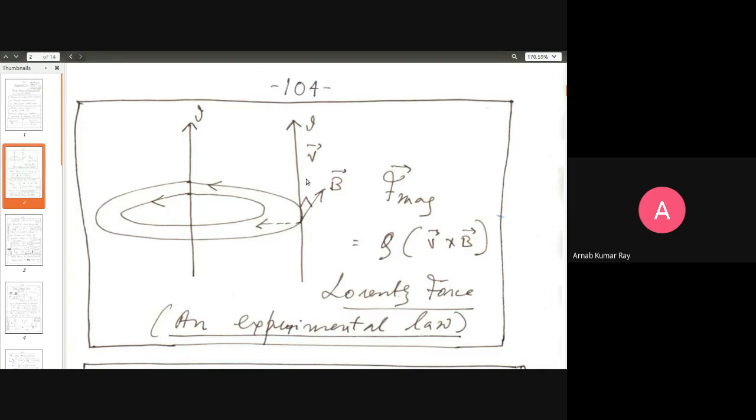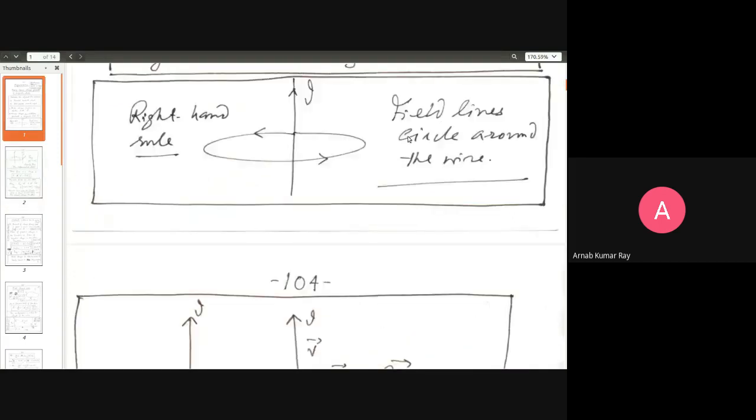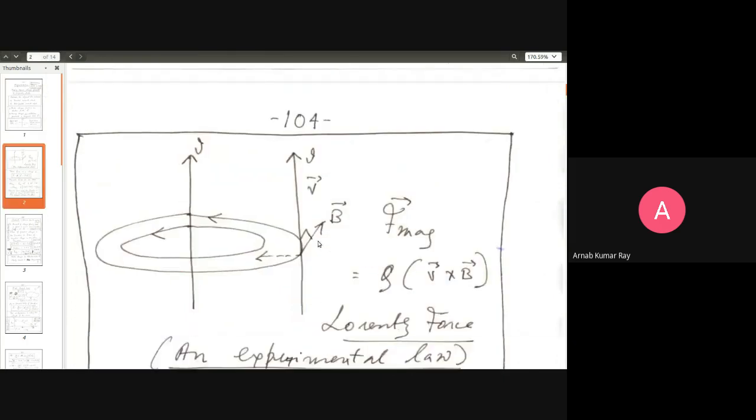And for V cross B, you can apply another right-hand rule, the right-hand rule for the vector cross product. Take your palm, hold your forefingers straight upwards and your thumb perpendicular to the forefingers.